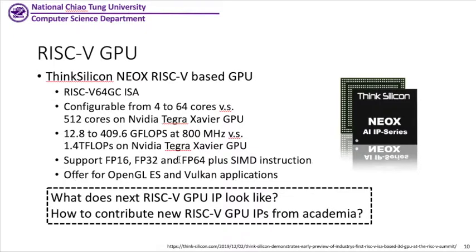The NEOS-V supports different data types and computer graphics workloads. Basically, this is good news, having a GPU composed of RISC-V ISAs. But the question is, how does academic research contribute its designs for the RISC-V GPU?